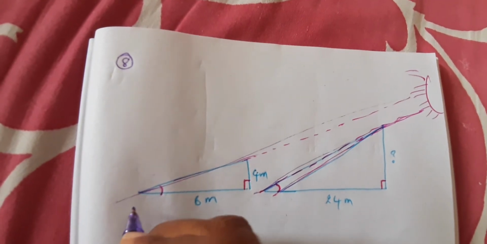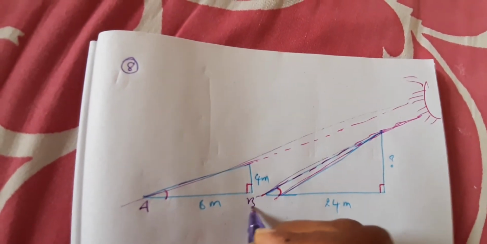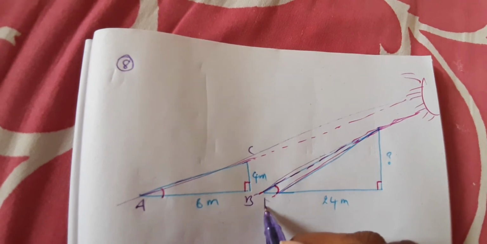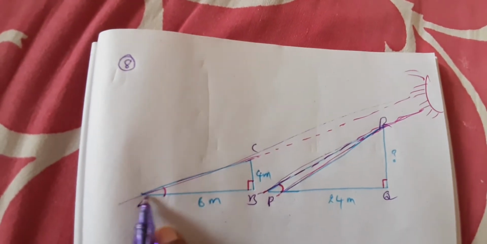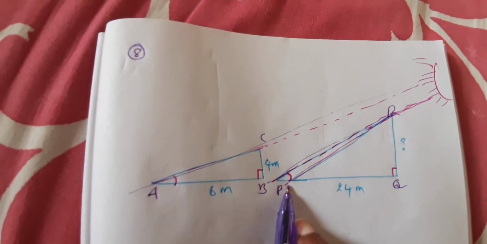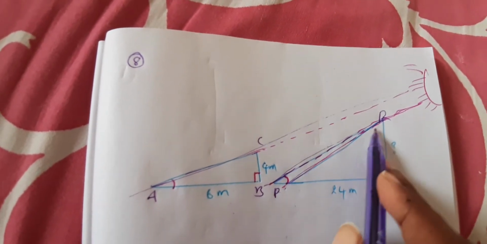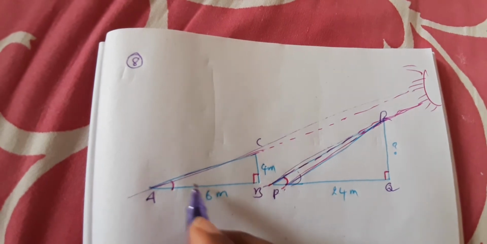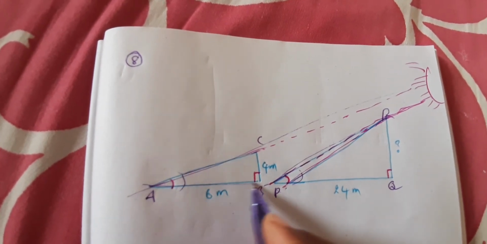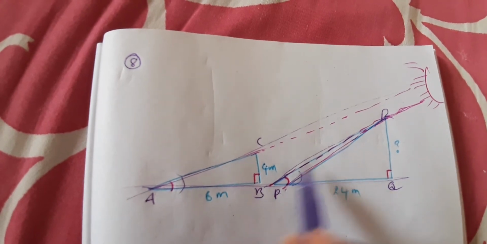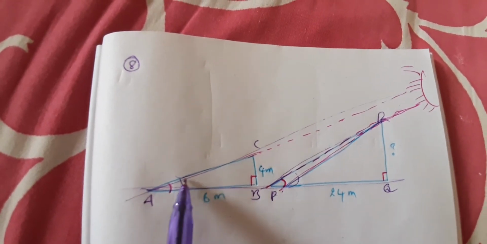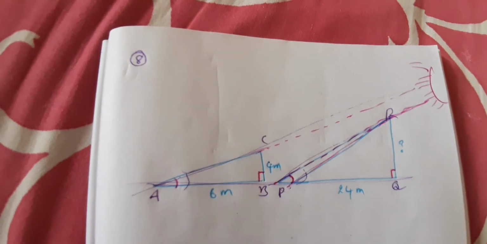Let me name it as A, B, C, P, Q, R. So angle A is equal to angle P because these two are parallel lines making the same angles. It's a transversal, so corresponding angles.